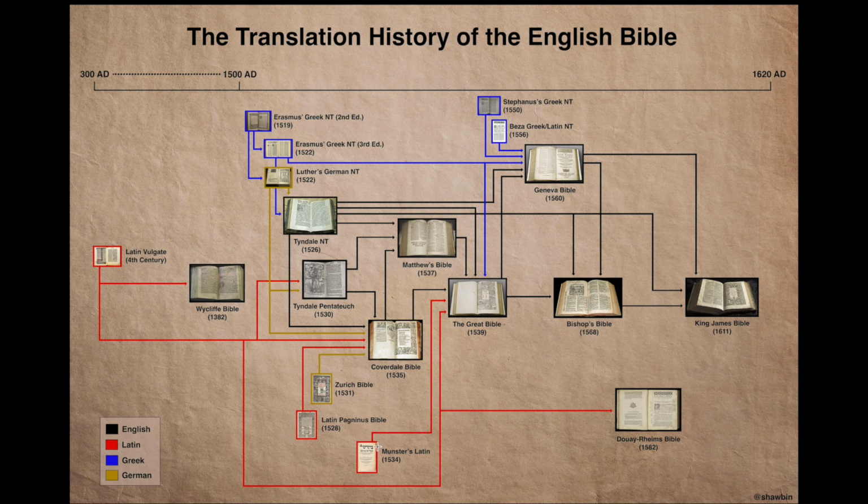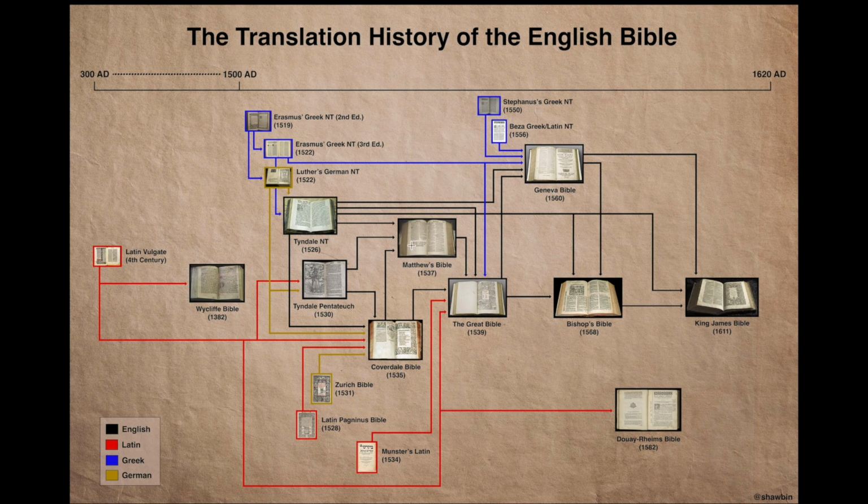There's a lot of other influences, but they take the Tyndale New Testament, the Tyndale Pentateuch, and the Coverdale Bible, and they use all of those to make what's called the Matthew's Bible, which is an update to all of those different things.